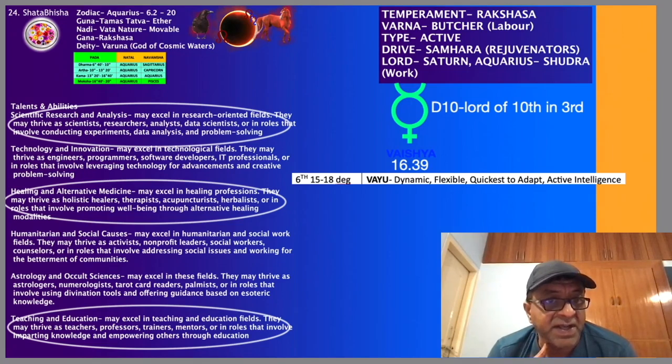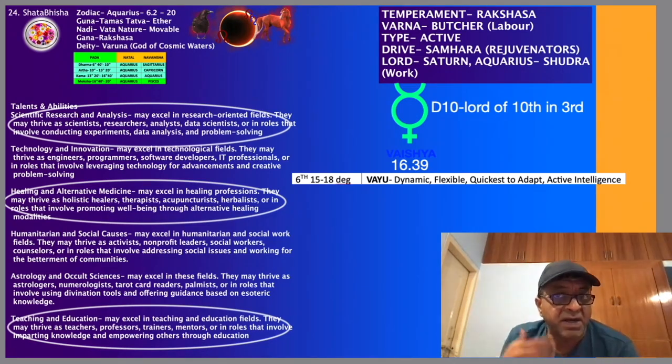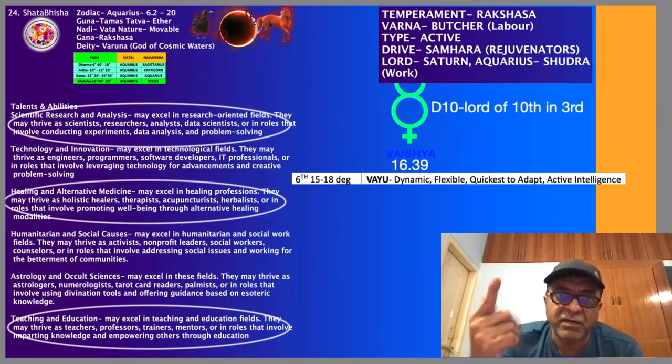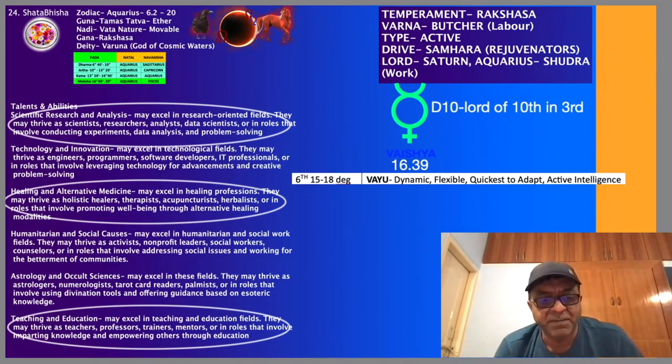Scientific and research and analysis. First one, top of the list. Next, healing and alternative medicine. Last, teaching and education. You combine these three ovals and you got a hypnotherapist or a therapist or a counselor, right? They have research mind. They love to heal and they love to teach and educate. There is an element of education involved within the profession of counseling and therapy.